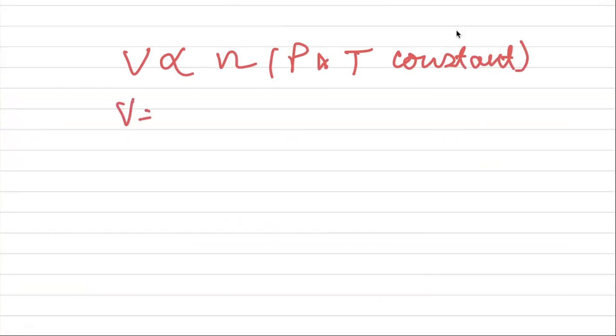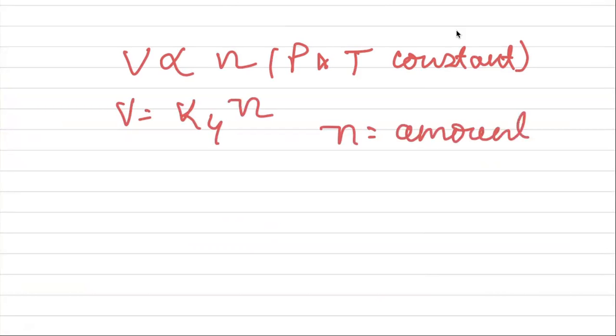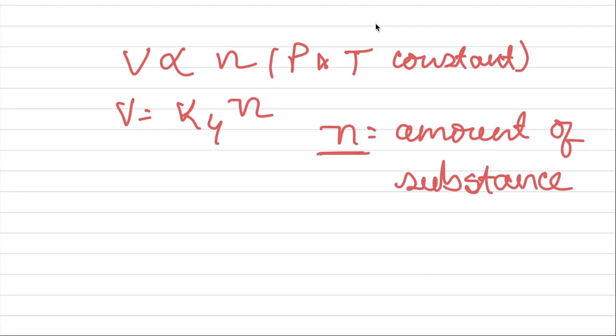So we can write V equals k4 n. n is the amount of substance. n is the number of moles.